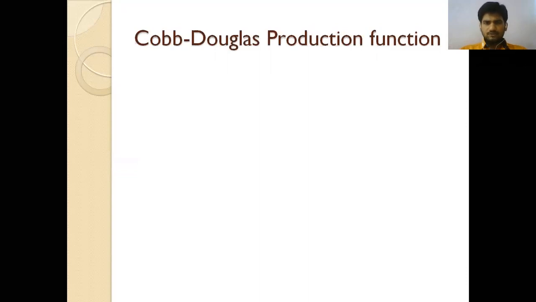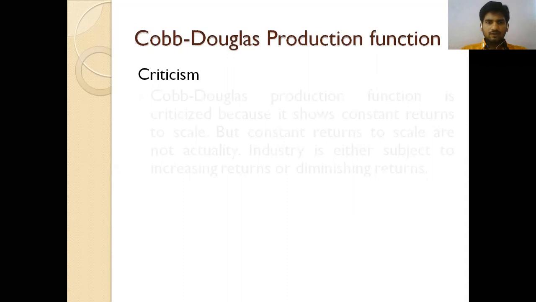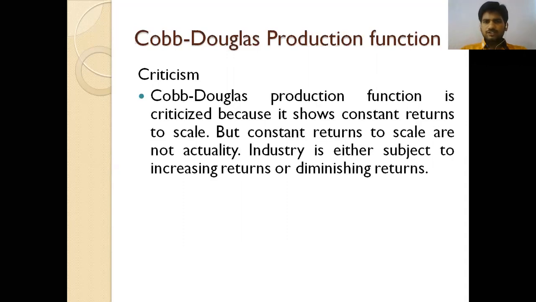Then, continuation. We have some criticisms here. So what are the things to be discussed? In this production function, we will see one by one. The Cobb-Douglas production function is criticized because it shows constant returns to scale.